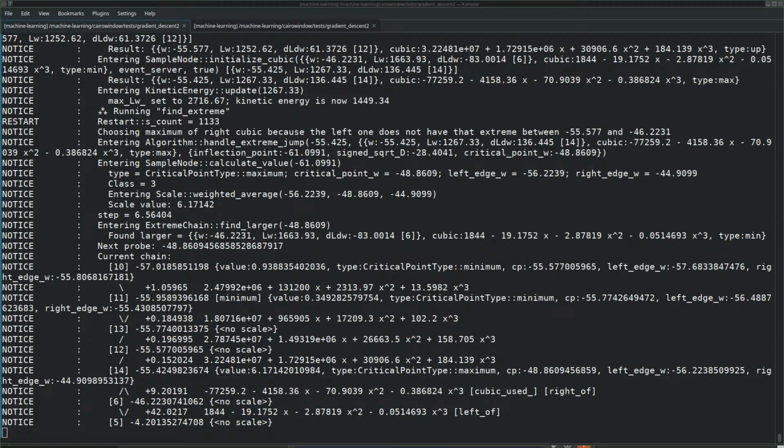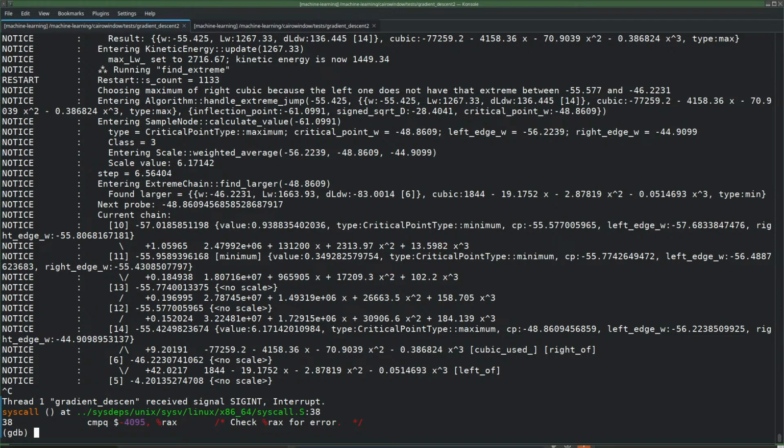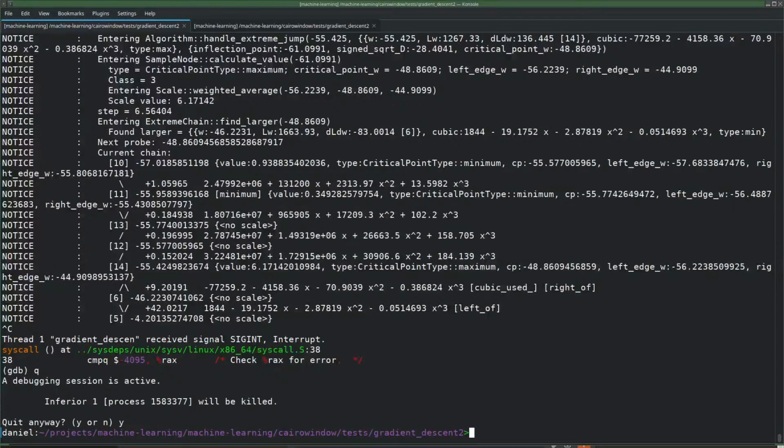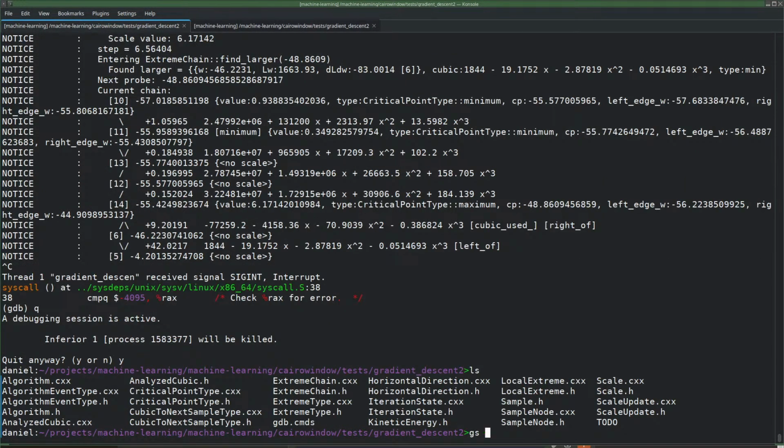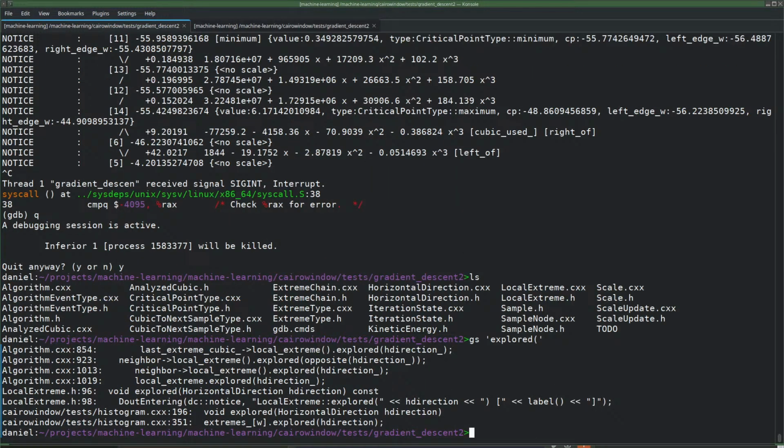Because I don't have debug output for when I set something as explored. Let's just add that first. Oh, totally should be printed.